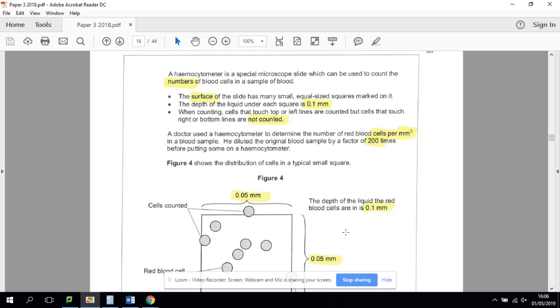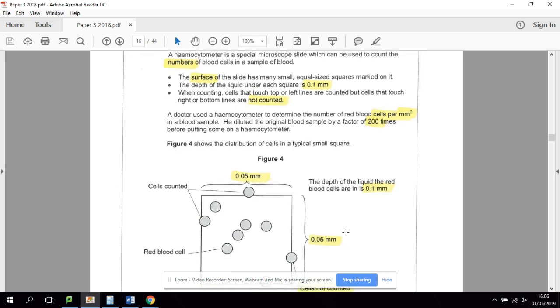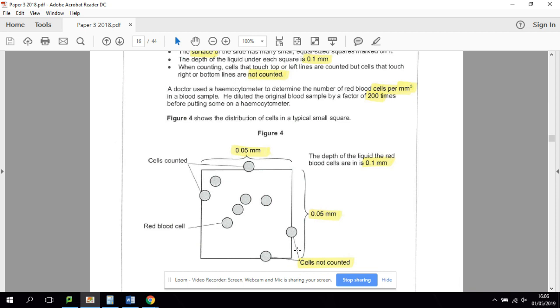It's not 0.1. And when counting, cells that touch the top or left lines are counted, but cells that touch the right or bottom are not counted. So the doctors use them to determine the number of red blood cells per unit. That's super important, all those units identify something.